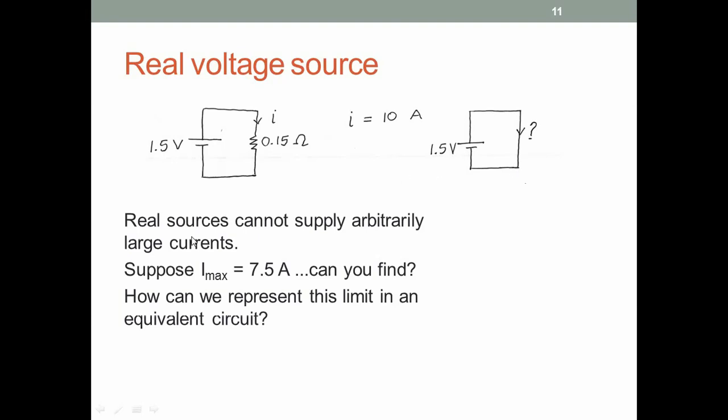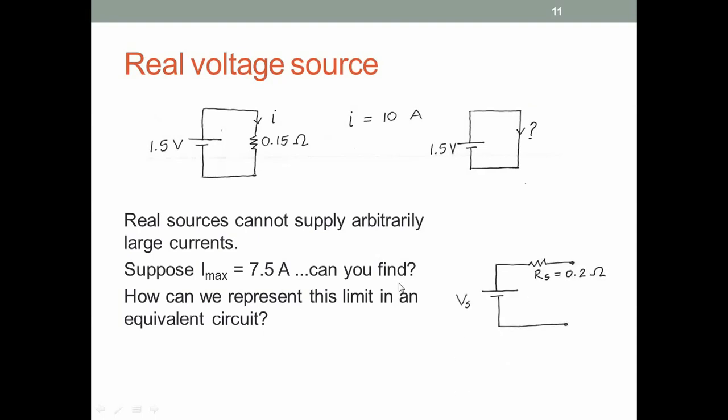Let us suppose that this battery can supply a maximum of 7.5 amperes, just some value. So when I short circuit a battery like this, the current that will flow is 7.5 amperes. I want to represent this in an equivalent circuit. So what do I do? Again, I think you know the answer, so I'm just showing you the answer.